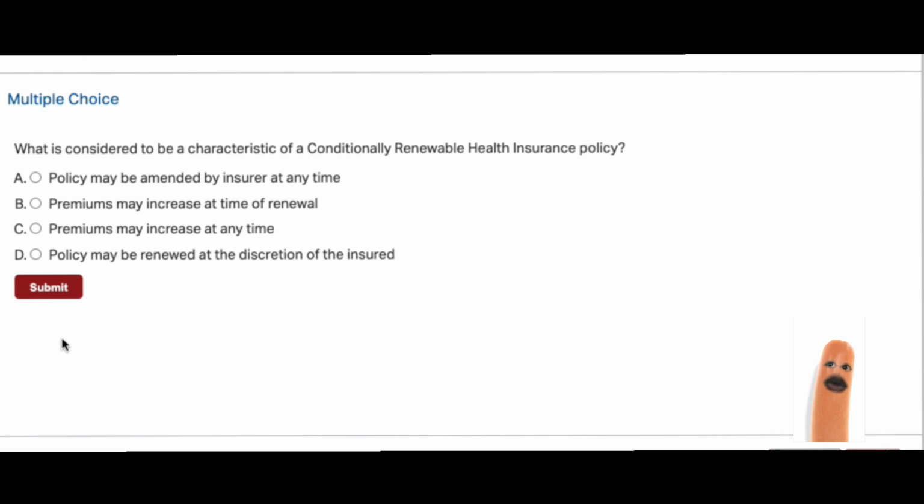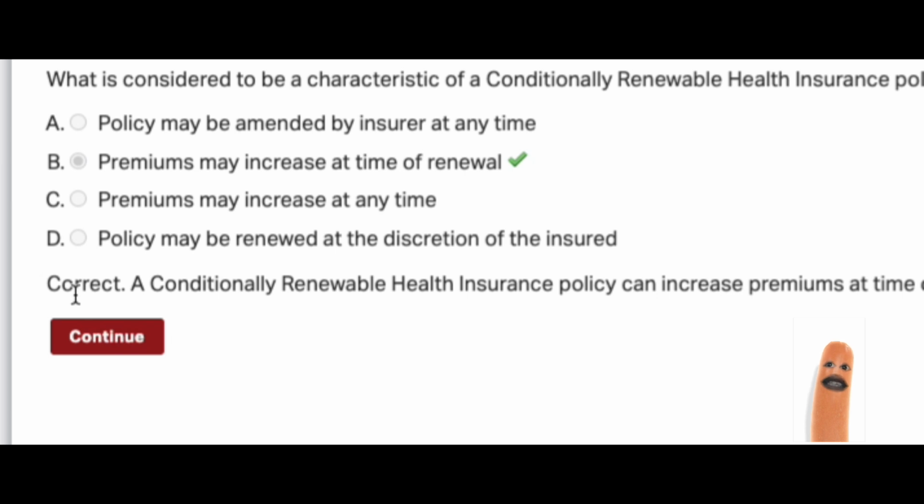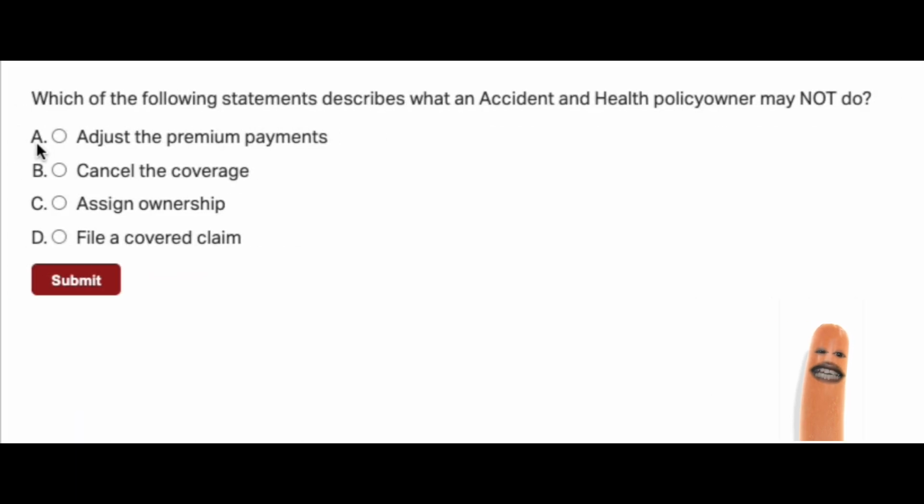Conditionally renewable. I'm going with B, Bob. Premiums may increase at time of renewal. Ding! Correct. A conditionally renewable health insurance policy can increase premiums at time of renewal. Okay, next question, please.